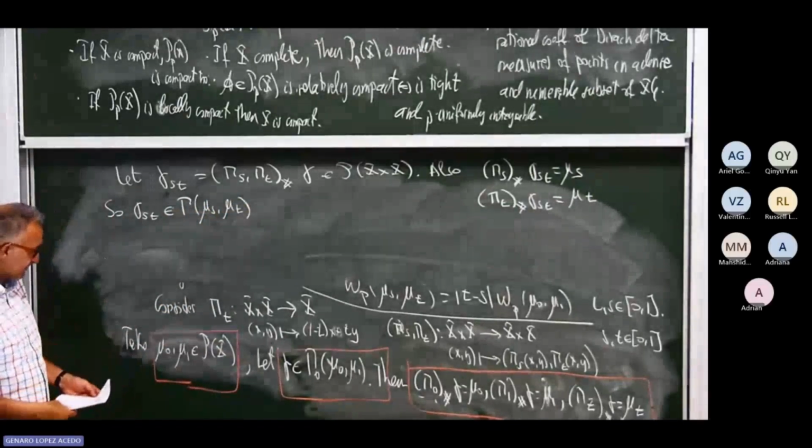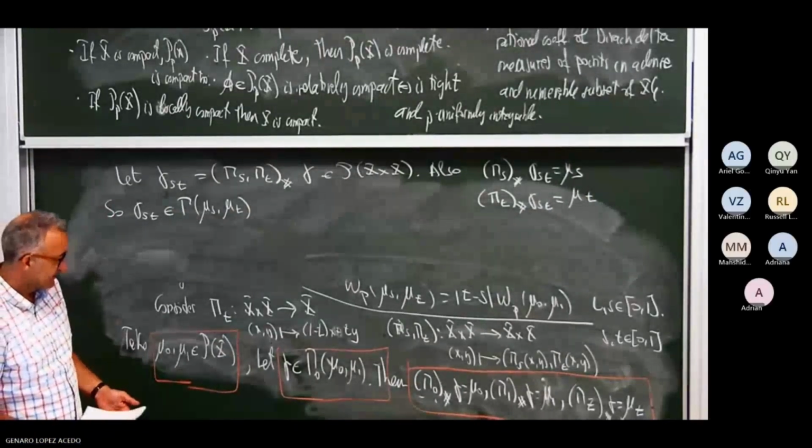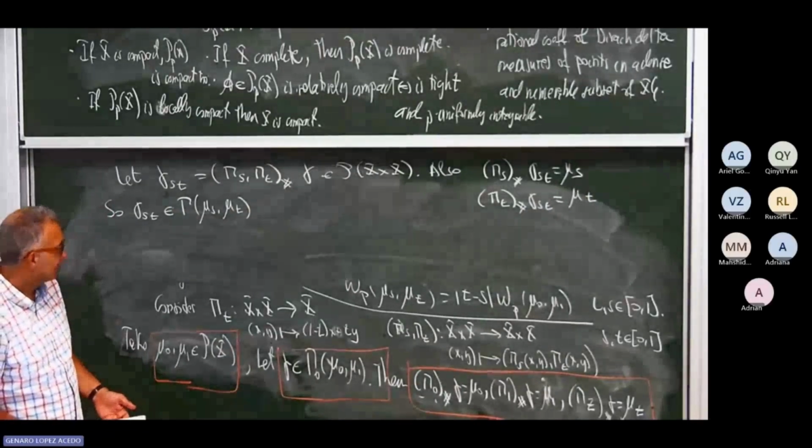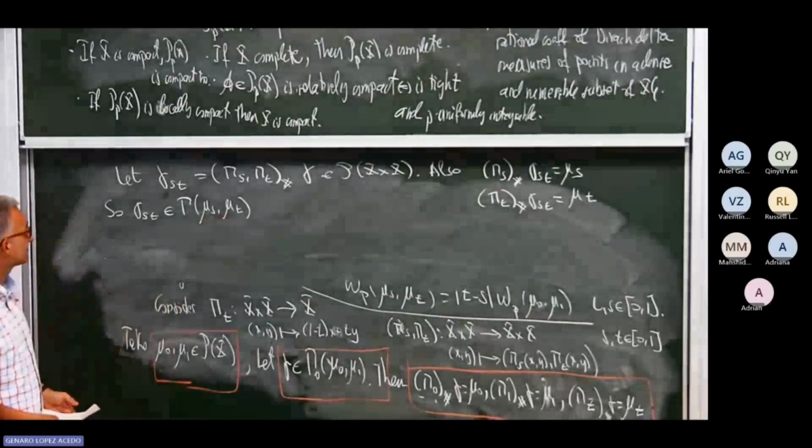All right, so basically what we are showing is that these probabilities are actually the points in the geodesic that we want to show.